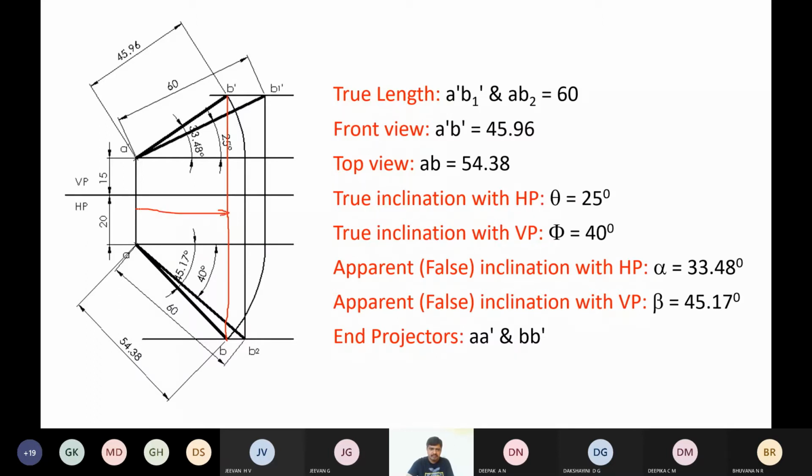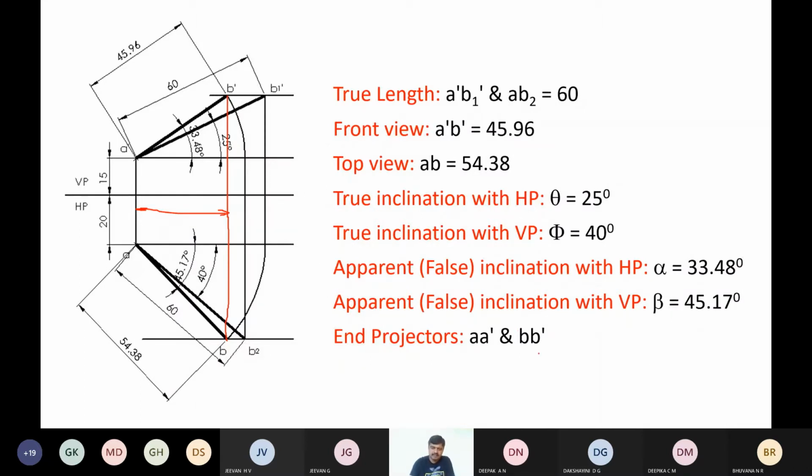That means we have to consider the distance between these two lines. You will understand this after solving a few problems and become familiar with the procedure. If you have not understood anything, need not worry, you will definitely understand it.